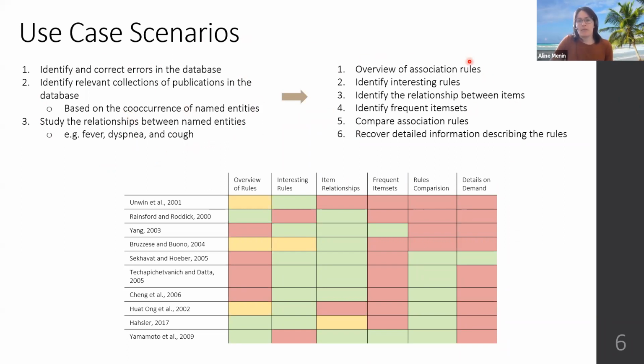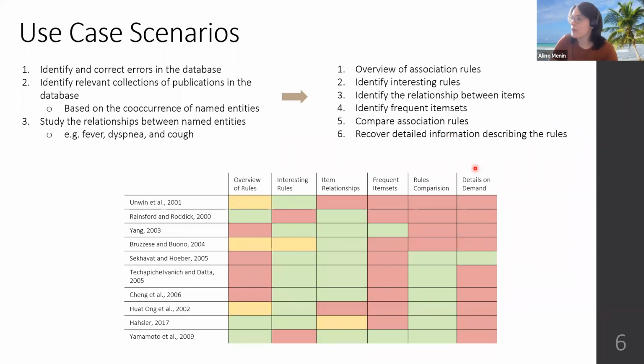For example, an overview of association rules, the possibility to identify interesting rules based on the measures of interest, the possibility to identify the relationships between the items, identify frequent item sets, compare association rules, and recover detailed information describing it. And what we could see in the literature is that, first of all, we don't have that many works that support the visualization of association rules, and most of them do not support at least 2 of those tasks. So for that, we propose RVs.